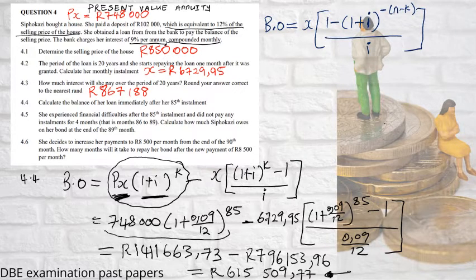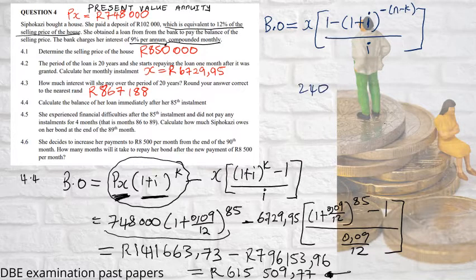So there's this other formula, right? With this formula, because the person has made 85 installments, out of how many installments? So the difference is n, out of how many installments?